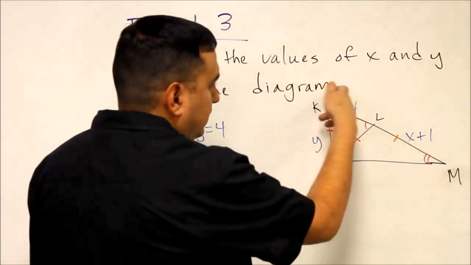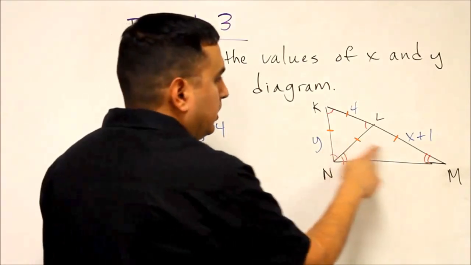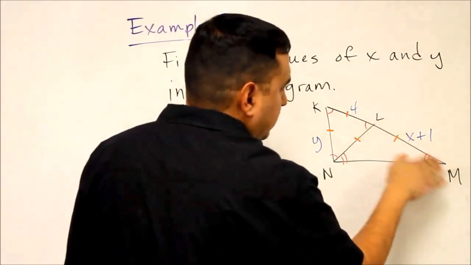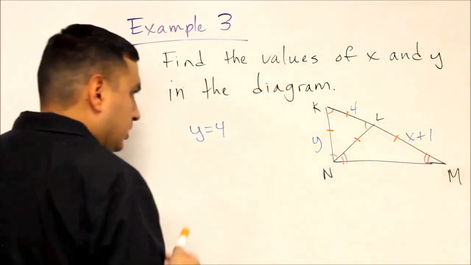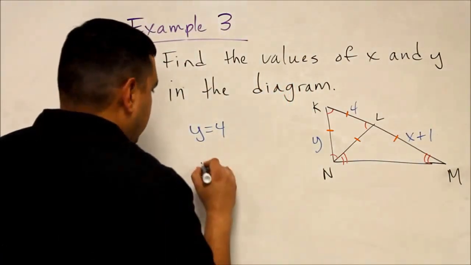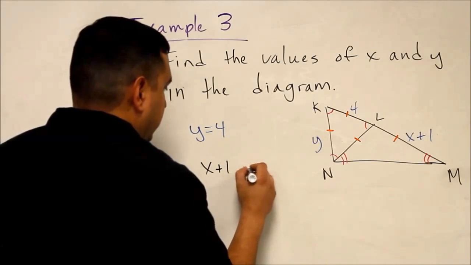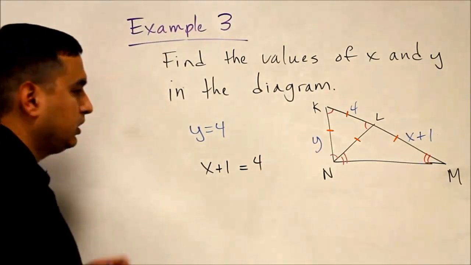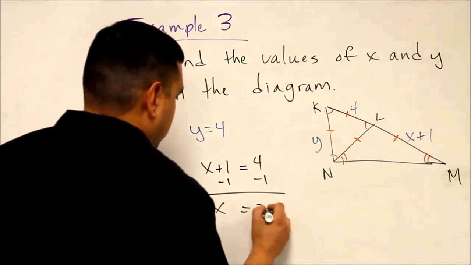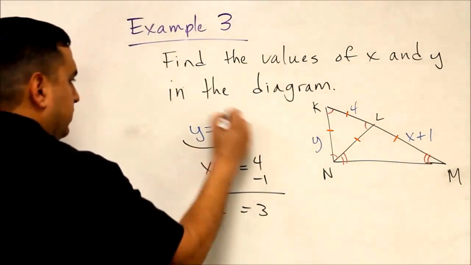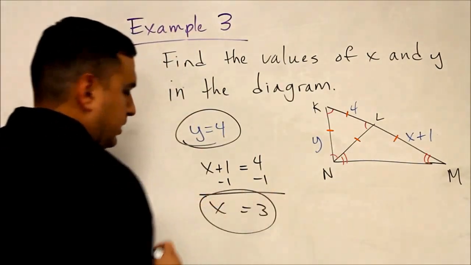And if this side's 4, that means LM also has a length of 4, but I have an x there, so we have x plus 1. I know that has to equal 4, and if I just subtract 1, that gives me x is 3. So my answer is y equals 4 and x equals 3.